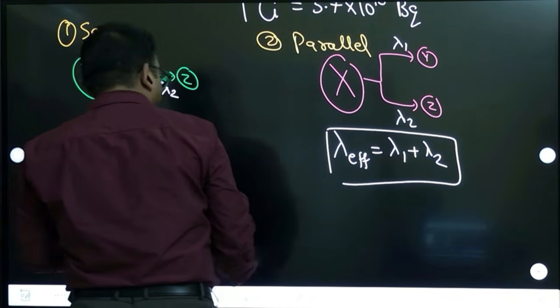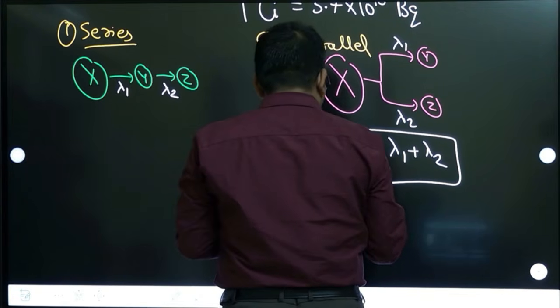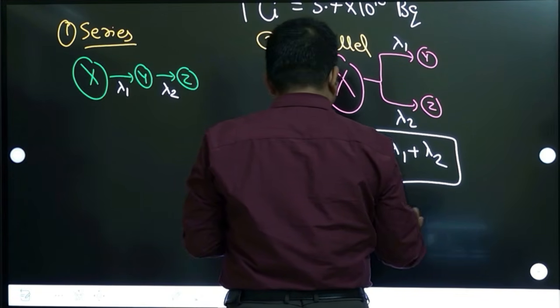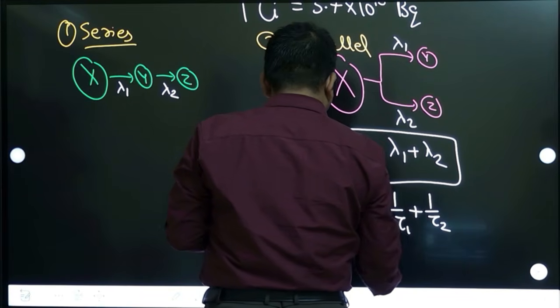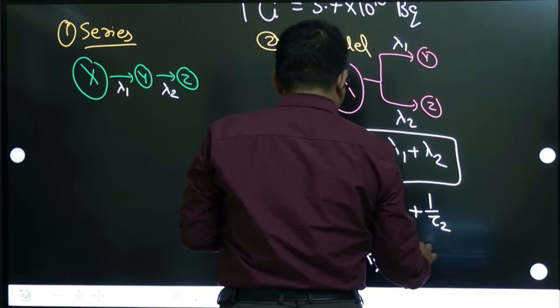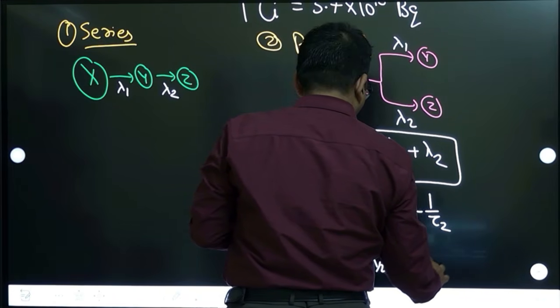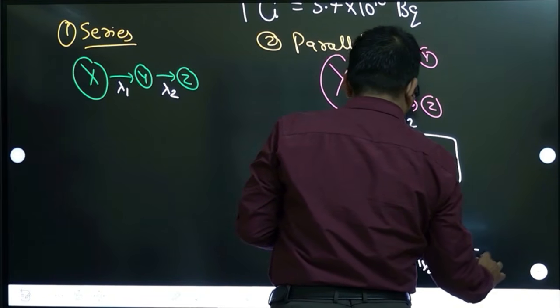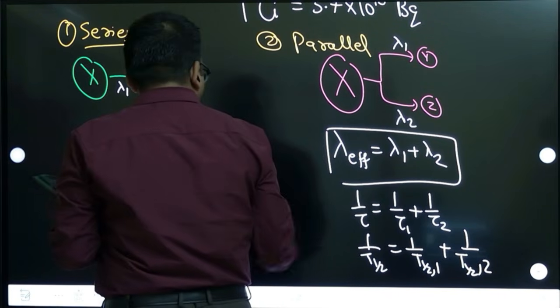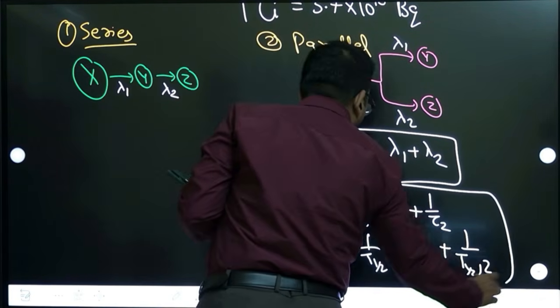But for parallel, mostly parallels are coming. So 1 by tau is also 1 by tau 1 plus 1 by tau 2, and 1 by t half effective is 1 by t half 1 plus 1 by t half 2. Okay, these formulas are also used for parallel.